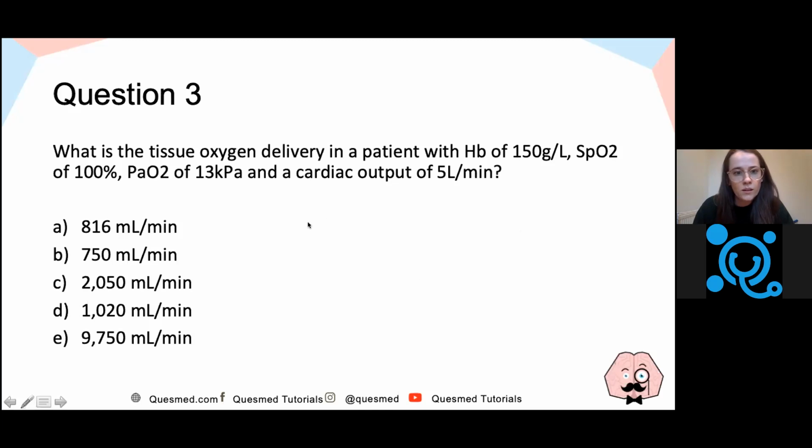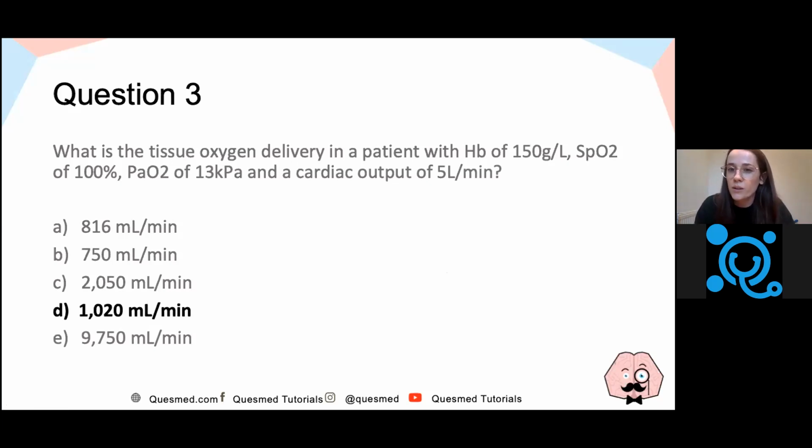Okay. Okie dokie. So this question's a bit advanced, and I've included it mainly because it helps to explain one of my slides later on, so I wouldn't get bogged down in this one. The correct answer is D, 1020 mils per minute.